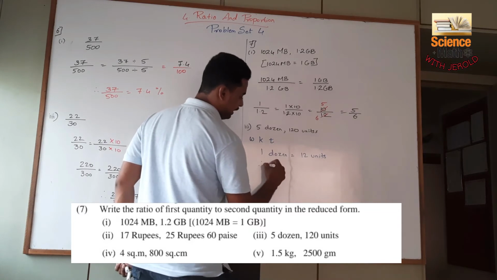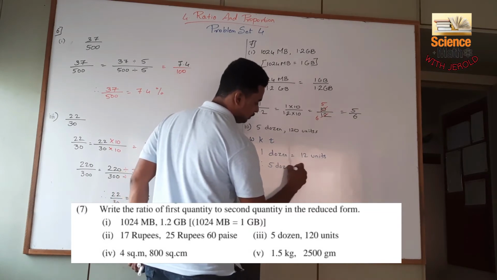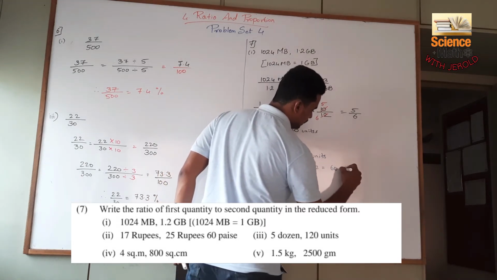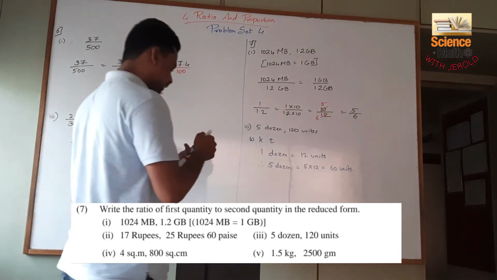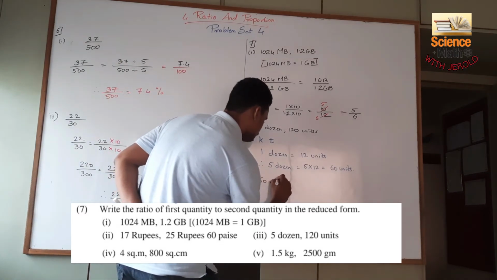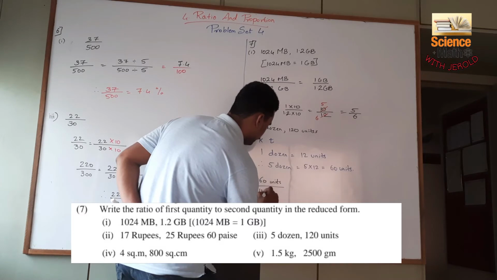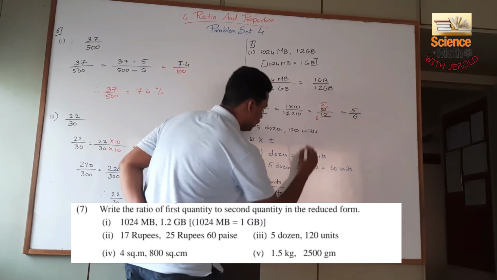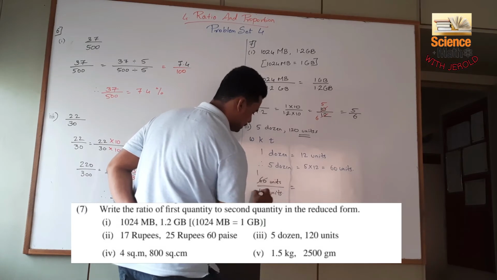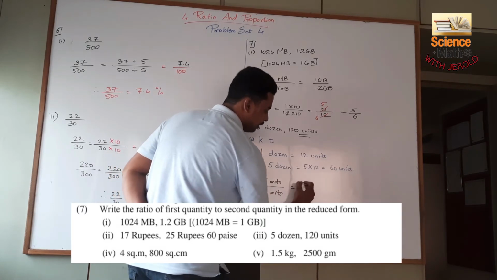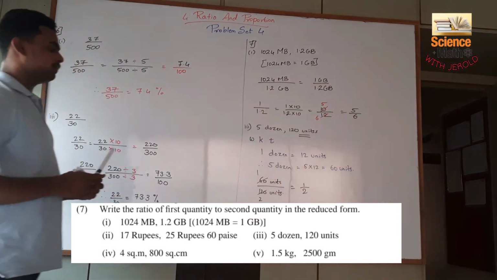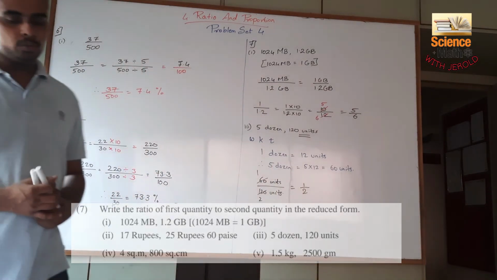Therefore, 5 dozen will be 5 into 12, which is equal to 60 units. Now I have the new ratio as 60 units upon 120 units, which I am already given over here. Therefore, 60 divided by 60 is 1, 60 twos are 120. Therefore, the reduced form of this ratio is 1:2.